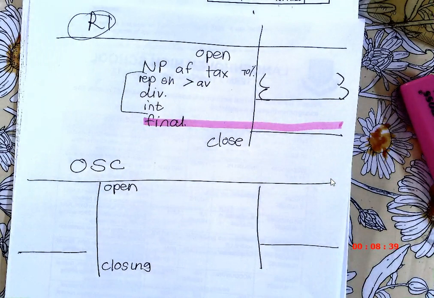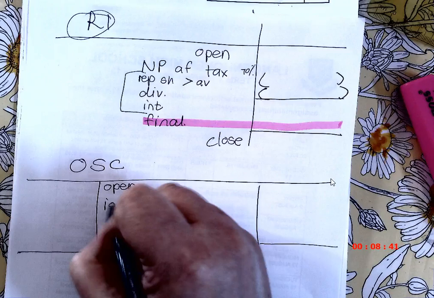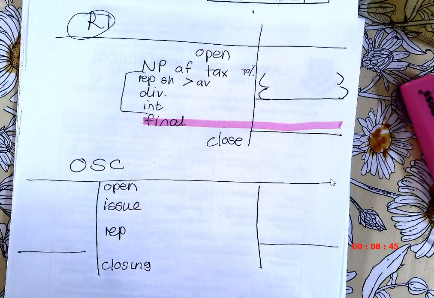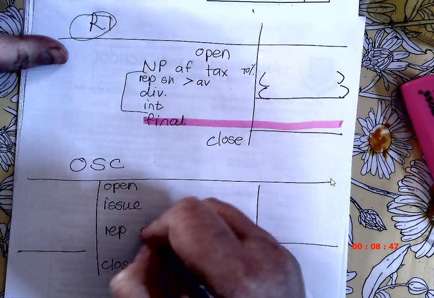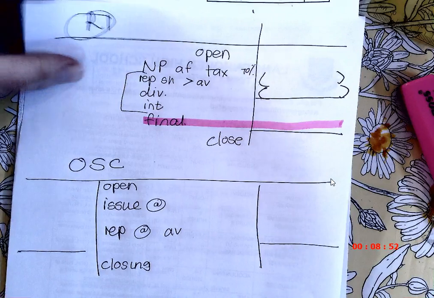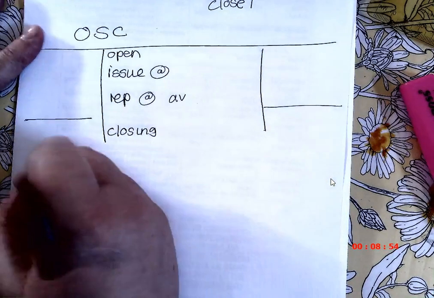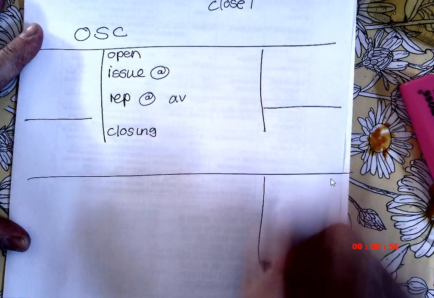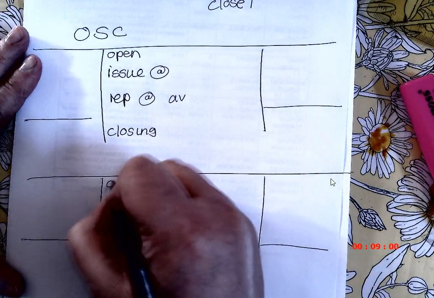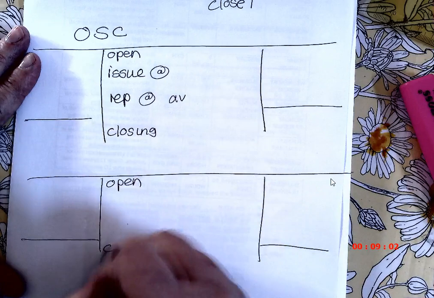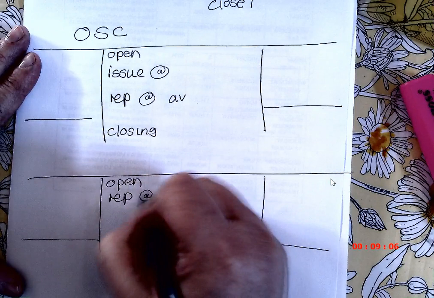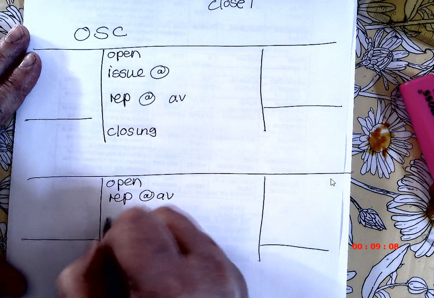So it can either work, I issue and I repurchase, at average. Or they can give it to me open, close, and then I've got repurchase and issue.